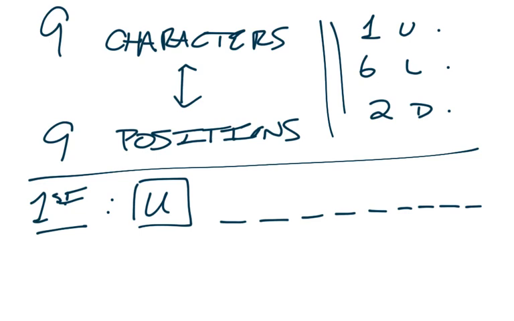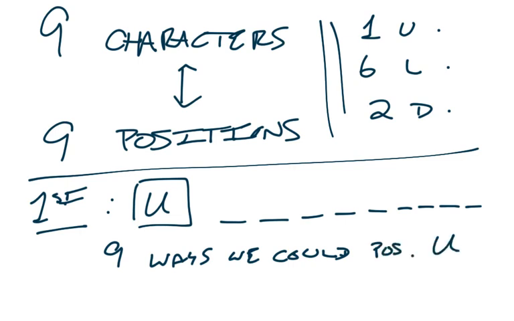And since there are 9 positions available, that means there are 9 ways we could position the uppercase letter, which I'm abbreviating even further here to just calling it U. So there are 9 ways we could position the uppercase letter, 1 for every single available address in this password. And by address, I just mean position where the uppercase letter would go.